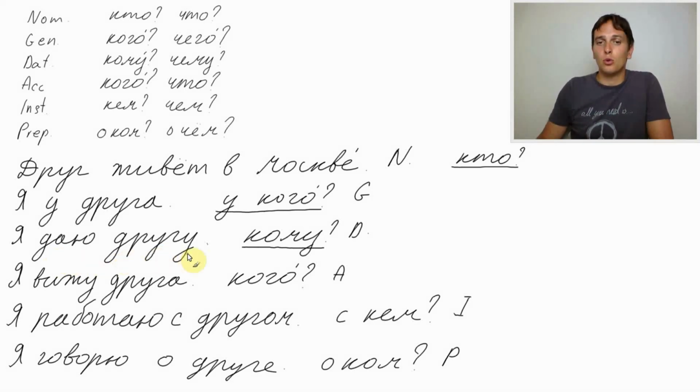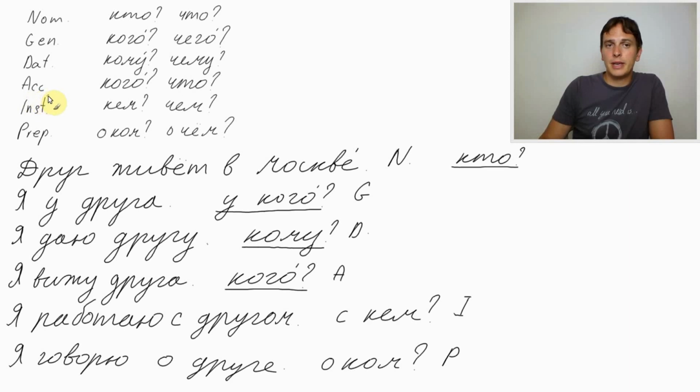Я даю другу. Next one, кого? Whom? It's accusative case. And the sentence here, read it. Я вижу друга. I'm seeing a friend. Видеть is to see. And we need to adjust our verb conjugated according to the first singular personal pronoun.